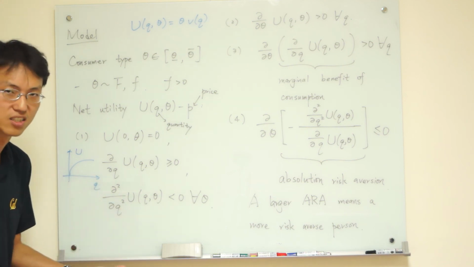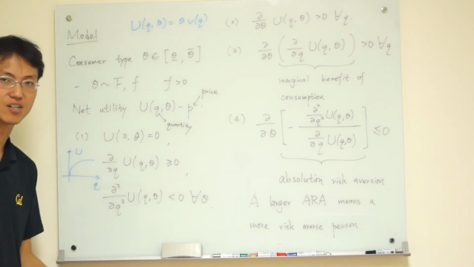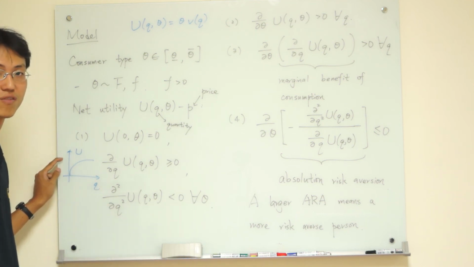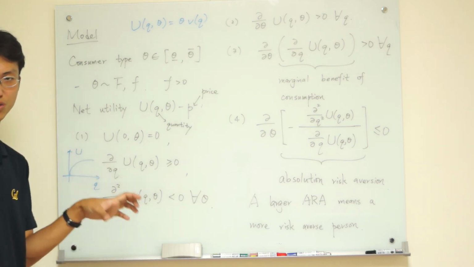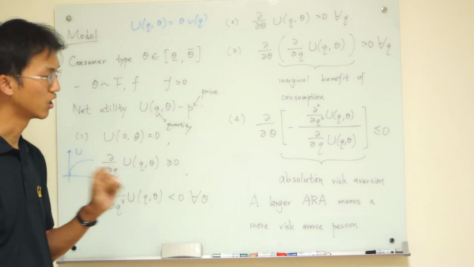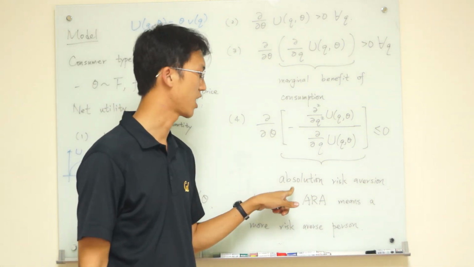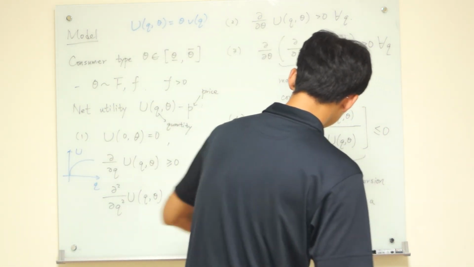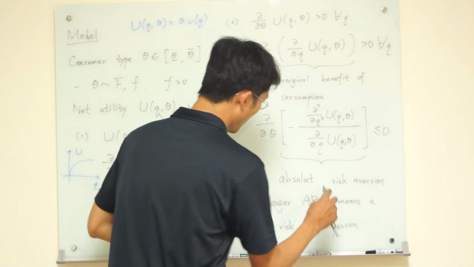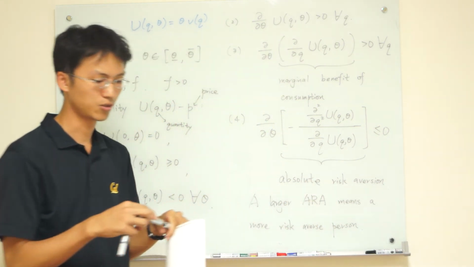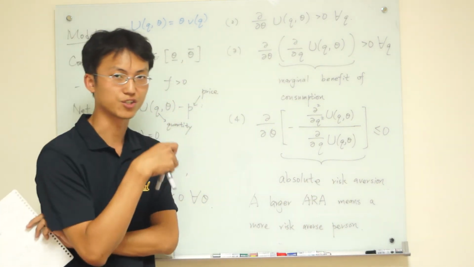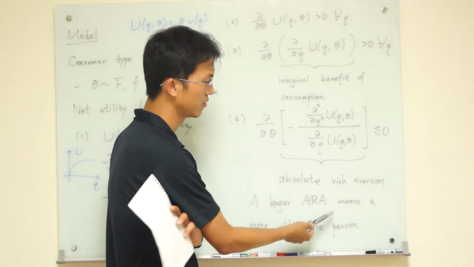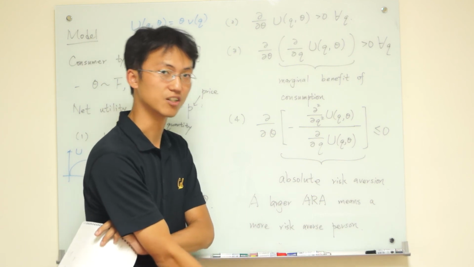And we want to find a way to compare, if two persons both have concave utility functions, who is more risk averse. That's the question. So we define this coefficient as the absolute risk aversion coefficient, so that a larger ARA means this guy is more risk averse.